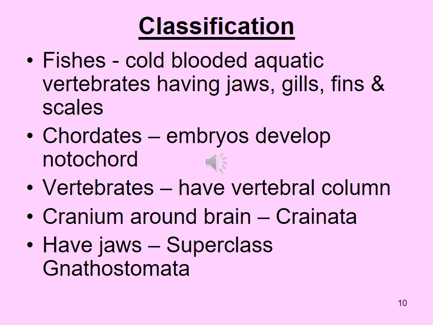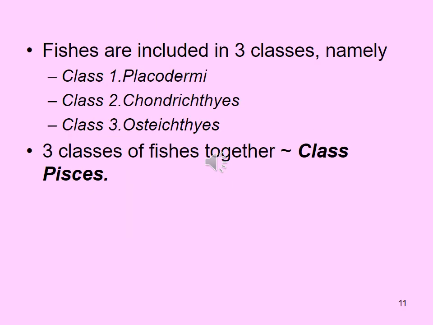The fishes have cranium around the brain, hence placed under Craniata. They belong to the superclass Gnathostomata as they have jaws. Fishes are included in three classes, namely class 1 Placodermi, class 2 Chondrichthyes, class 3 Osteichthyes. These three classes of fishes together are placed under the superclass Pisces.